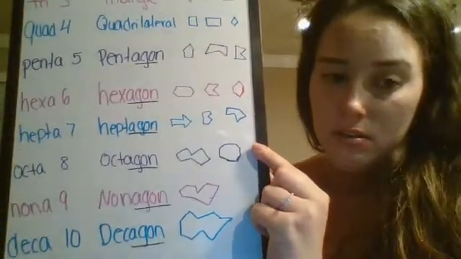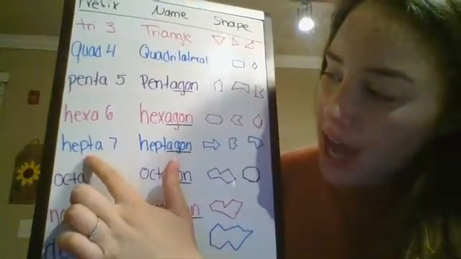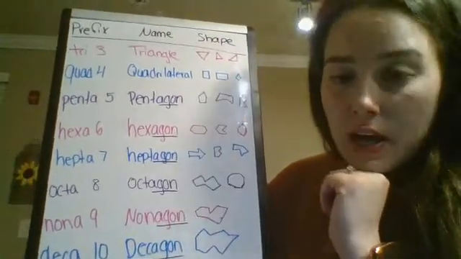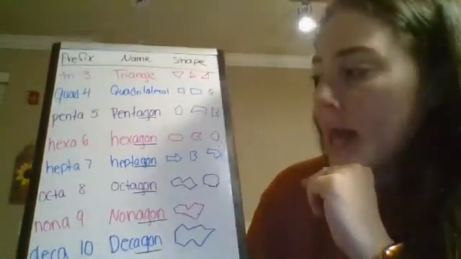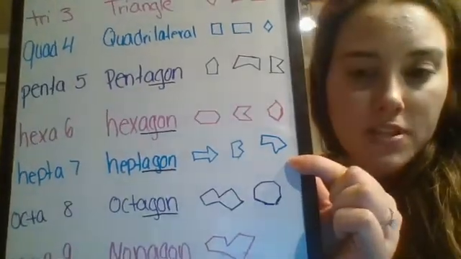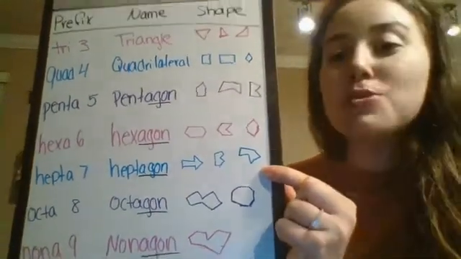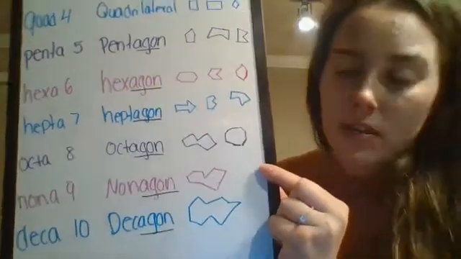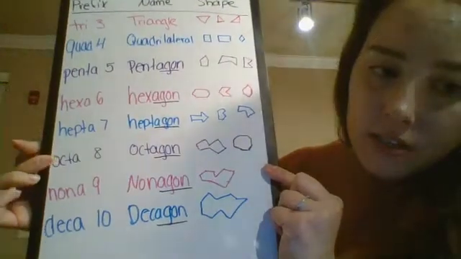Okay. The next is a heptagon, which has 7 sides. Can you guys say heptagon? Heptagon, okay. So here are some examples of different heptagons. So these are shapes with 7 sides. Okay. Octa.